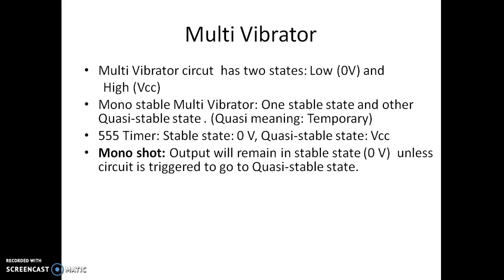If you're not giving a trigger signal, the output remains in the stable state. If you give the trigger, it goes to the quasi-stable state, stays there for some time, and comes back to the stable state.